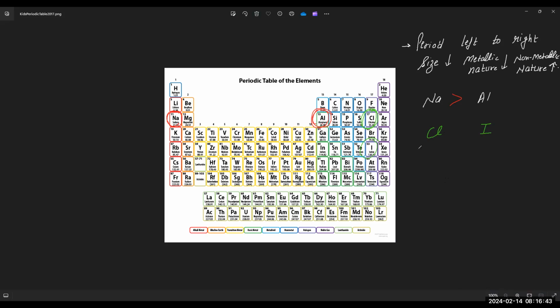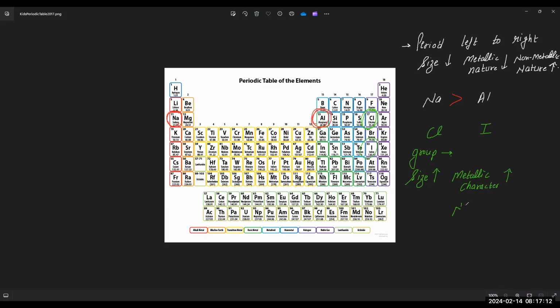Okay. Now we are in the group. Answer is wrong. We are in the group. What happens to the size down the group? Size increases. What happens to metallic character down the group? Metallic character increases.